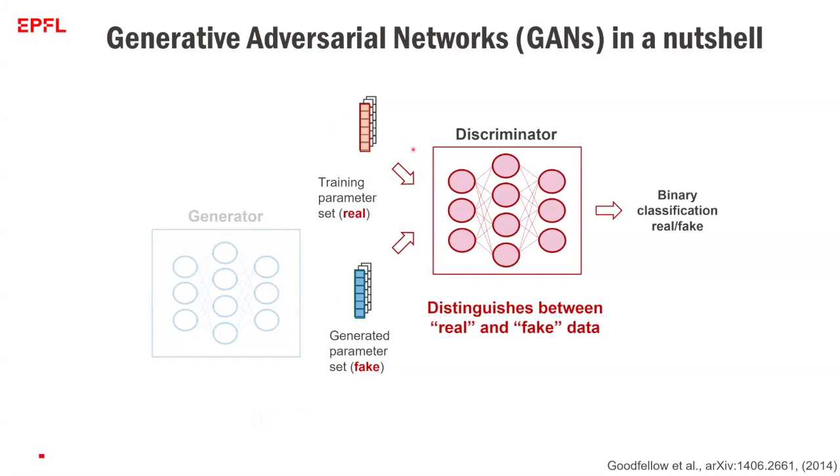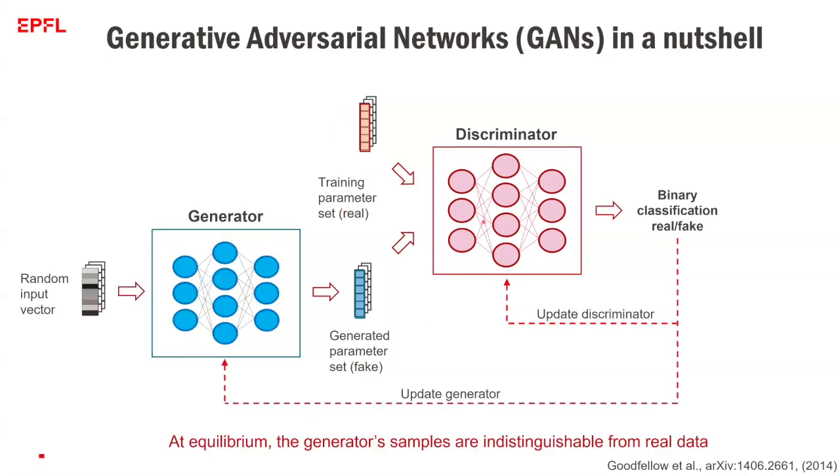And I've seen on some blog a really nice parallel to this. You can look at this like the generator is a forger, a guy who is trying to forge some masterpiece, and the discriminator is a curator. So the forger is providing the forged masterpiece, and the curator is supposed to, based on some other works of the same painter, for example, compare this and make a decision if the painting in question is true or fake.